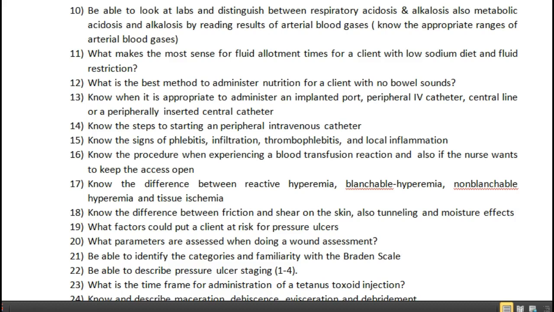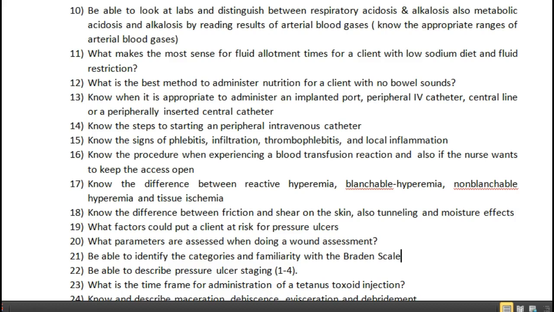Like you might want to give somebody a liter of fluid over 8 hours. Well, you would put a peripheral catheter in. You might have to give somebody some blood, so you put a peripheral catheter in, make sure you give them their blood, and after that, you might flush it and then remove it.